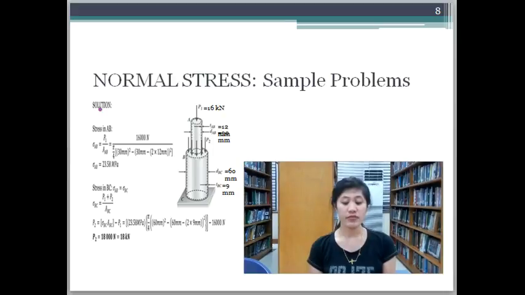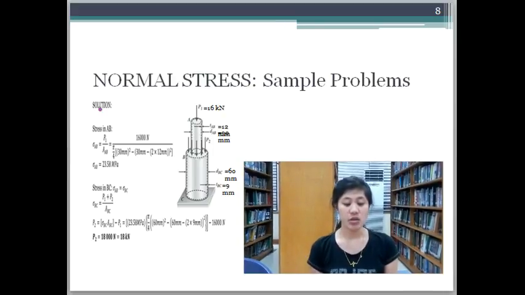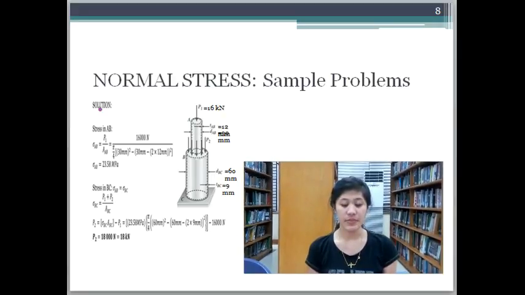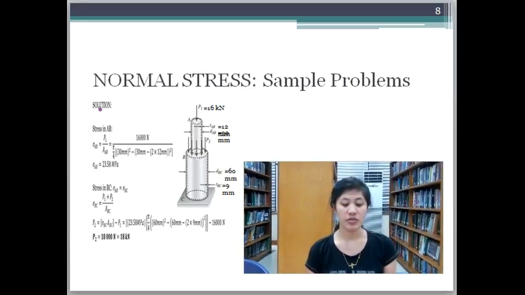Now, solving for the stress in AB, it is equal to the load P1 over the resisting area. Substituting all the values, stress in AB is equal to 16,000 Newton divided by pi over 4 times the quantity 30 mm squared minus the quantity 30 mm minus 2 times 12 mm squared. And stress in AB is equal to 23.58 megapascal.